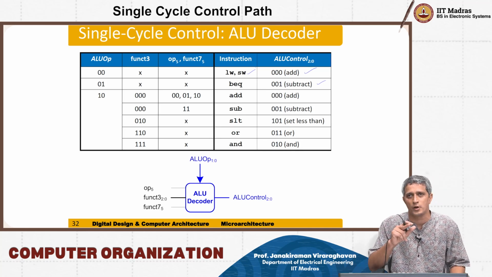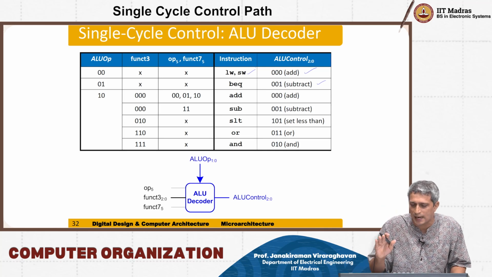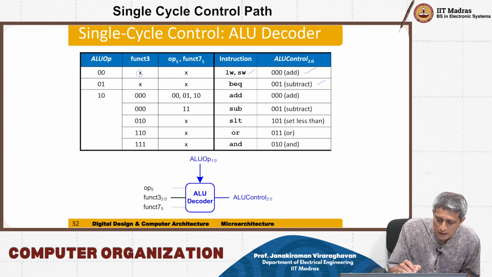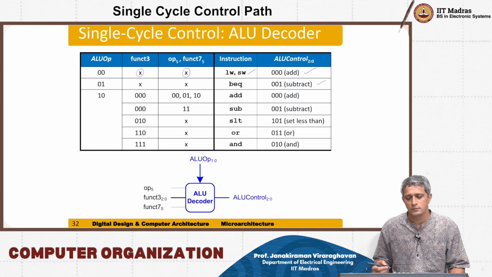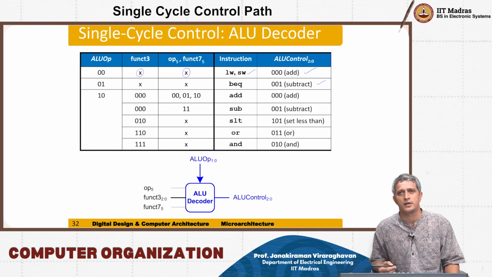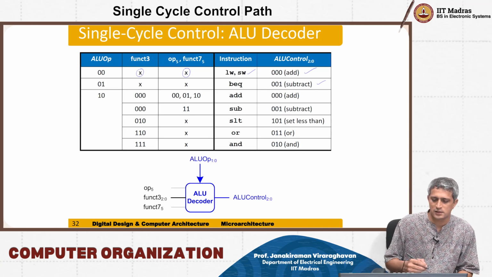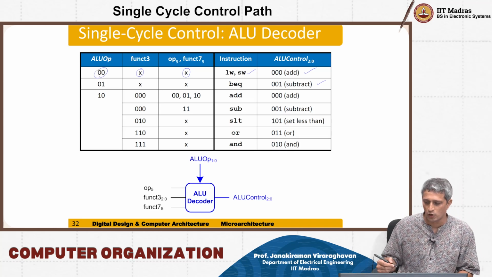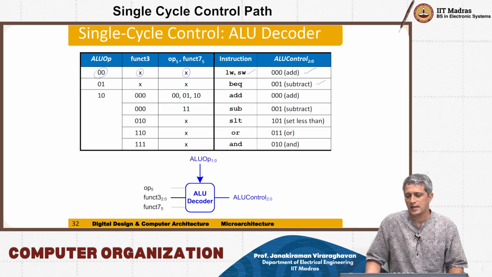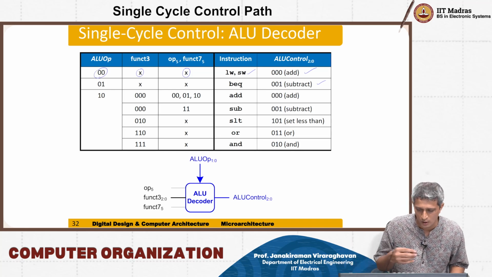That can be a negative number, and therefore you just need addition out there. So it doesn't matter what this OP5 bit, function 7 bit and all this is. Just an ALU OP of 00 will tell you that this is an add instruction that you want.